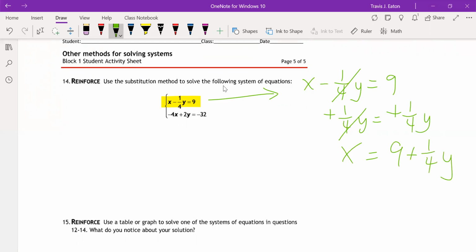Now I've solved for one variable in terms of the other. Okay, so this tells us that x is equal to 9 plus 1/4 y.